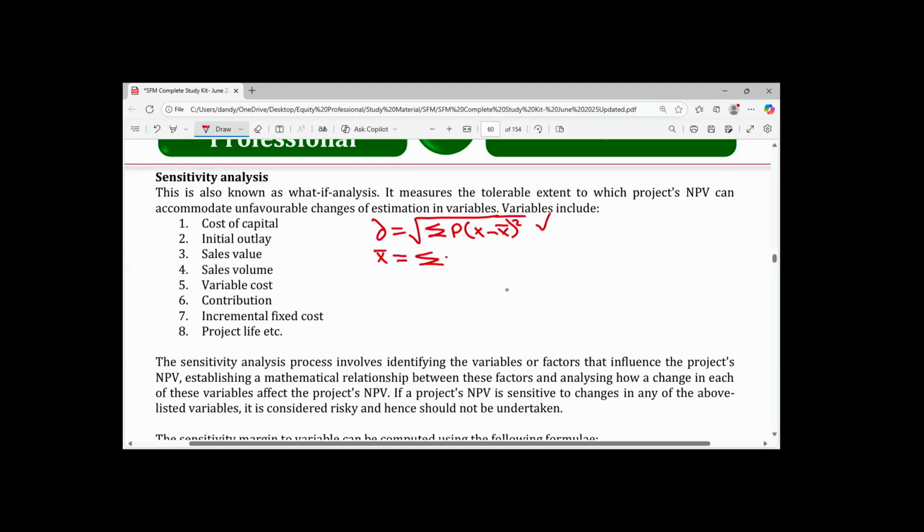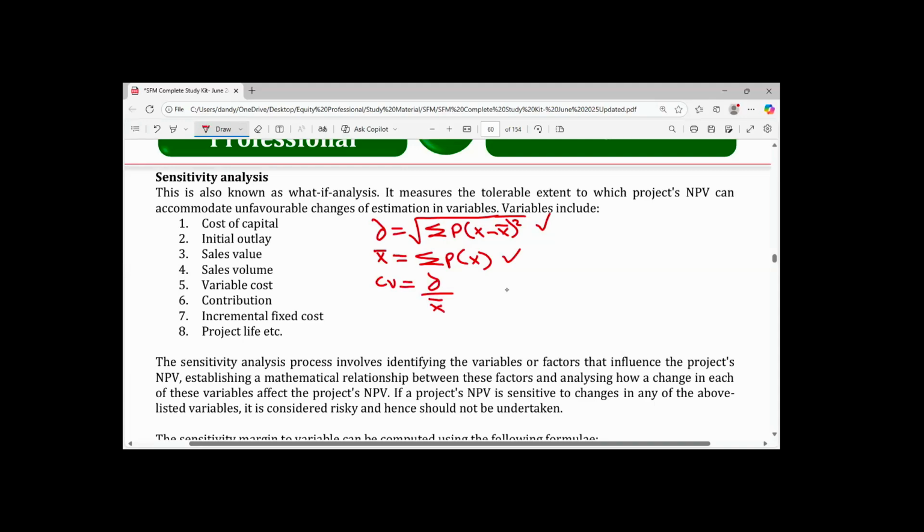Expected value is summation of probability of x. So you have calculated standard deviation and expected value using the two formulas I'm showing you right now, and you are now asked to calculate coefficient of variation. In this case, my coefficient of variation will be equal to standard deviation divided by expected value.